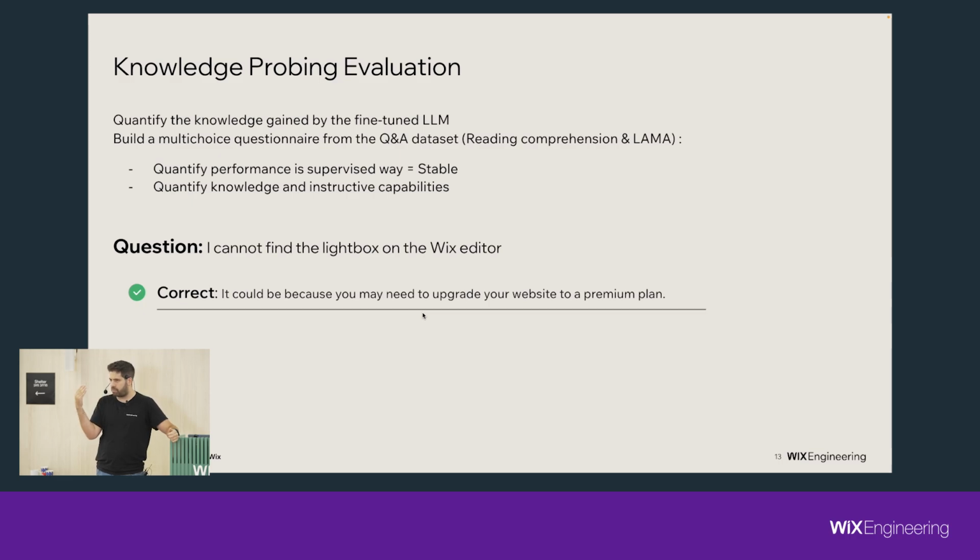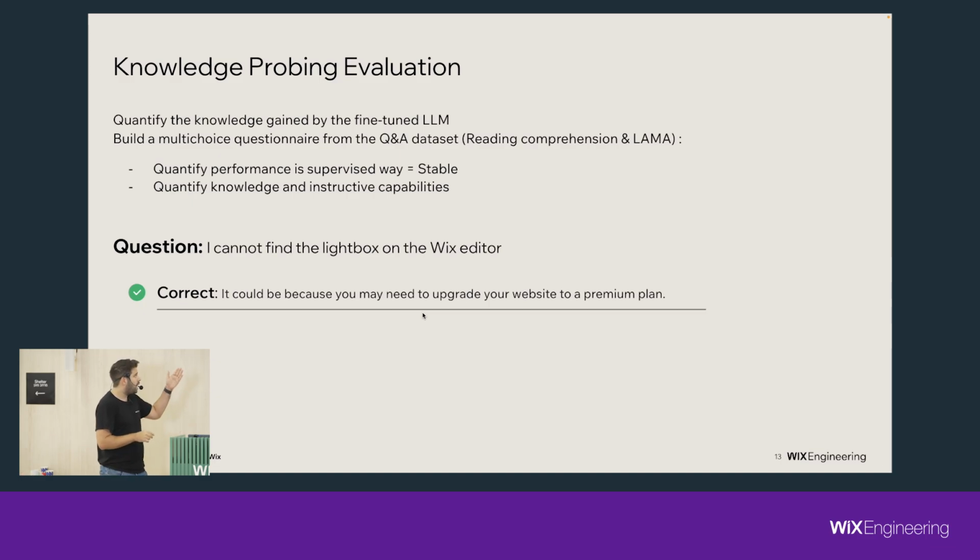So you have a multi-choice questionnaire, A, B, C, D, what we call an American test in Israel. And then you can get two things. First, you get a stable evaluation of the knowledge, because it's not that you ask to generate a full text, right? Evaluating a full text, as we're going to discuss, can be very, very tricky and very, very hard. The second thing is that you can estimate the performance of the model to follow instructions. So you get two things.